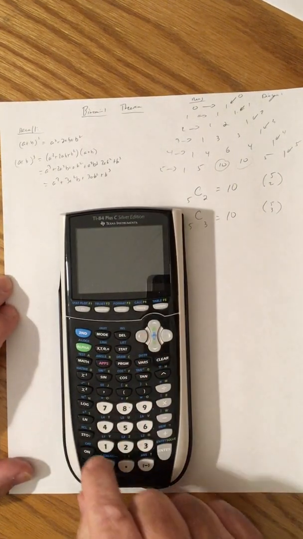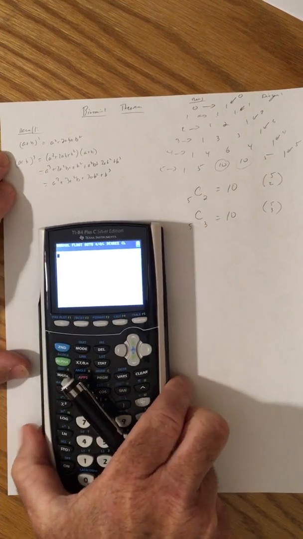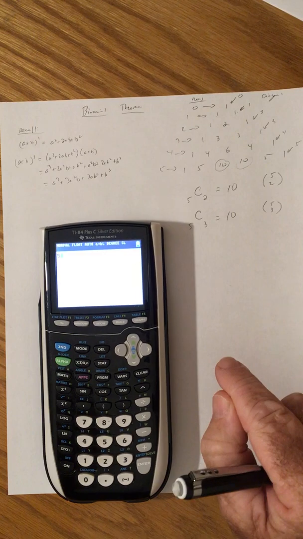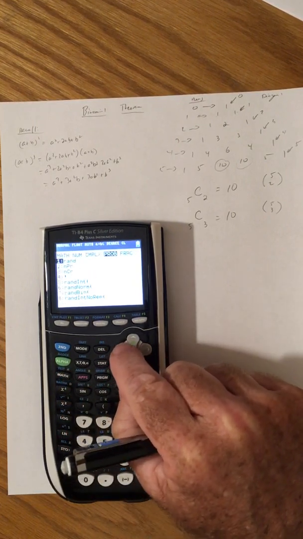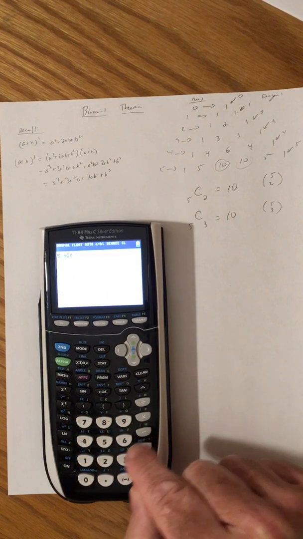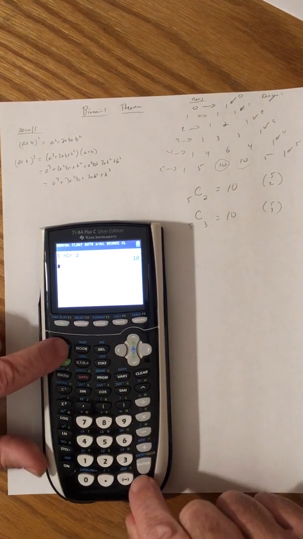It's the same thing. Our calculators use the combination terminology, and the way you do it is you have to put the first number, the 5, in first, and then go to the math menu and to probability, and then your choices are there. This choice 3.